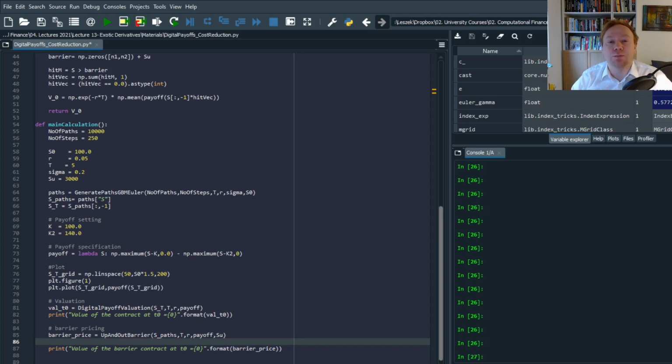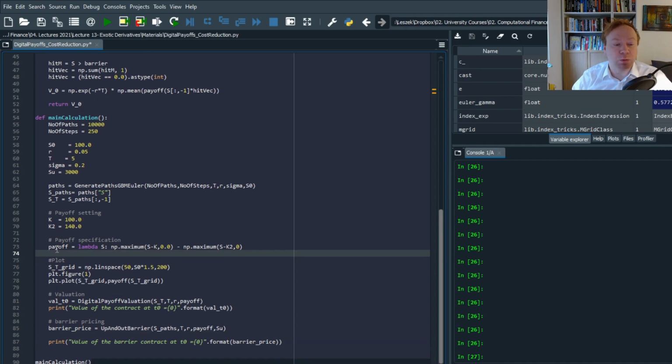Let's return now to the programming exercise, where we will extend the existing functions that we have discussed previously, and include also the price of a barrier and see the impact of a barrier on the price of a derivative. So it's exactly the same case as before.